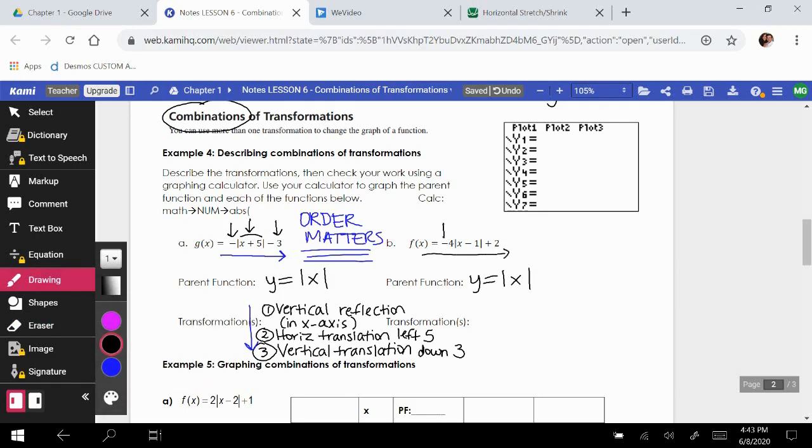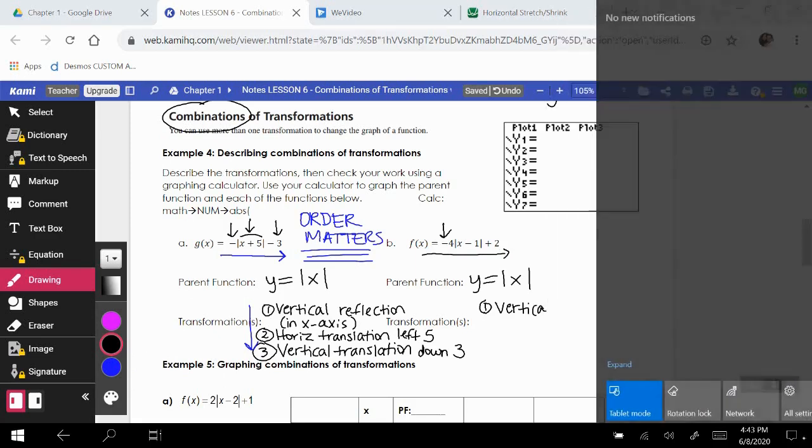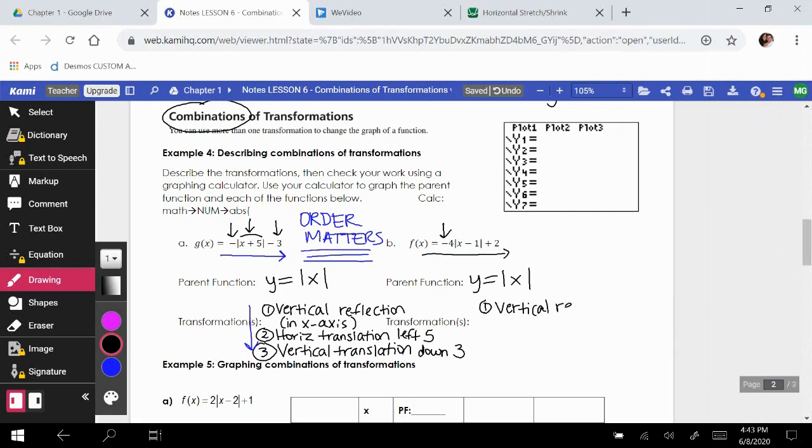Okay, the first thing I run into is the minus, so that is going to be a vertical reflection in the x-axis. Number 2 is I see 4. 4 is a number greater than 1, so that's going to be a vertical stretch by 4.